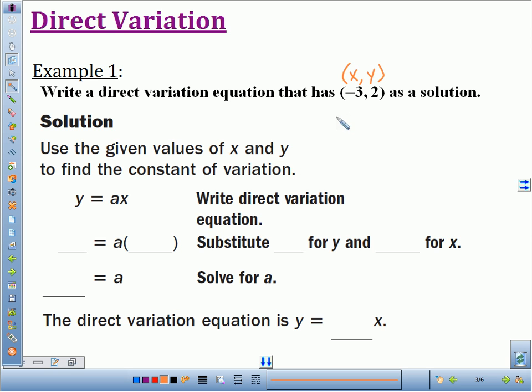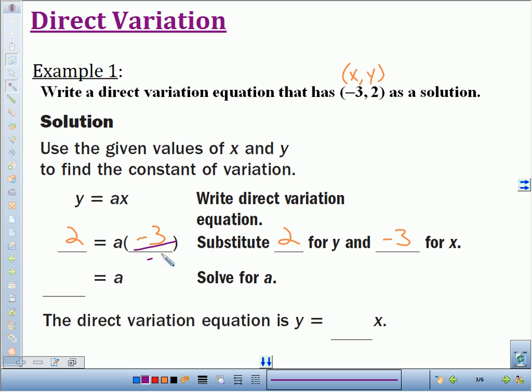The way we would go about this is to substitute in the x and y we were given and use those to find a. Once we have a, we know the equation. So y is 2, so we substitute in 2 for y. X is -3, so we substitute in -3 for x. Then we solve the equation. 2 equals a times -3.